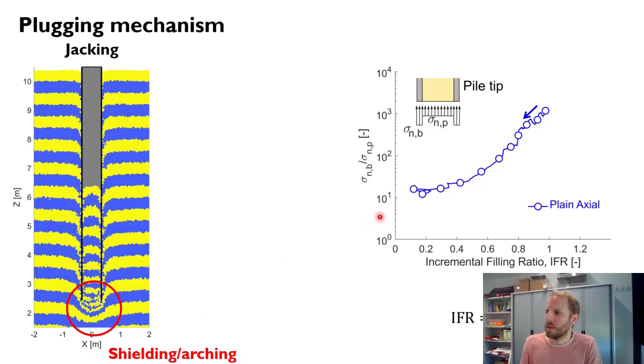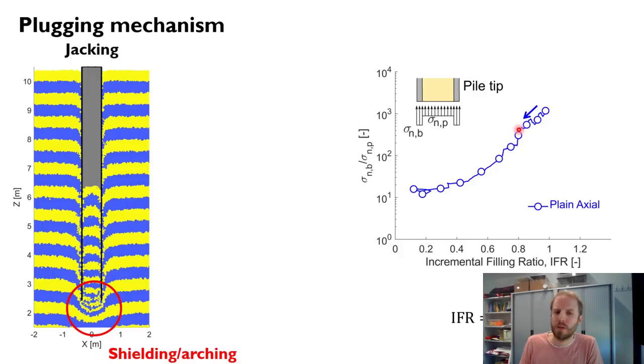Now, those two phenomena are slightly different. The plug takes some vertical stress, but the steel of the pile takes some normal stress, and they are not the same magnitude. If you look at it from the start of the simulation, when there is pure coring, to the end of the simulation where we have partial plugging, you can see that the ratio is very different.